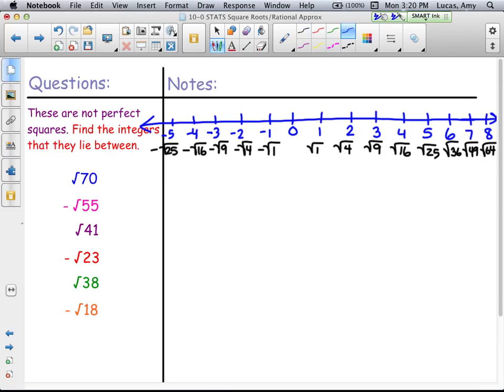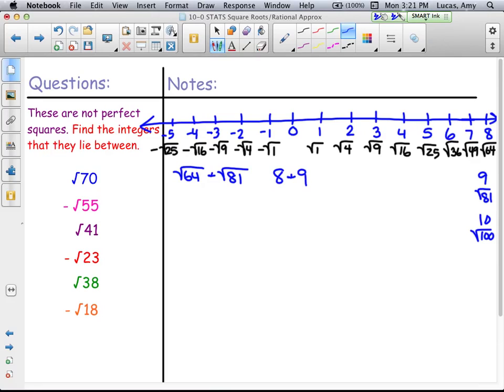The first one, you can see I still don't have enough space because after the square root of 64, 9 would be the square root of 81, and then 10 is the square root of 100. So the square root of 70 would be between 64 and 81. So it's between the square root of 64 and the square root of 81, which means it's between 8 and 9.